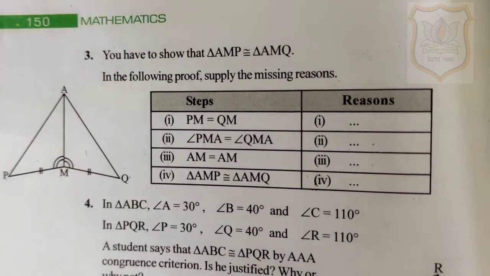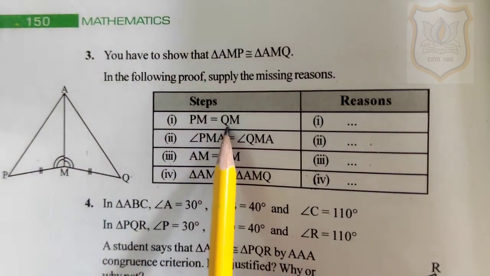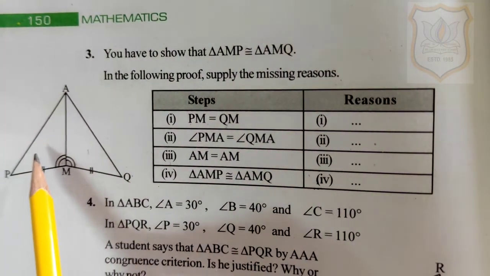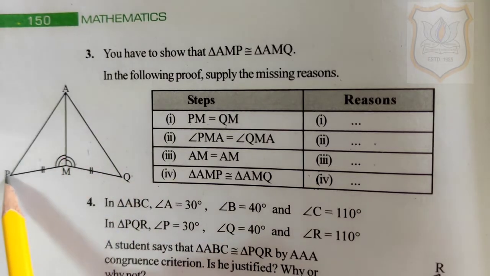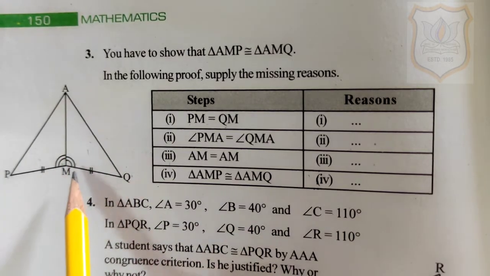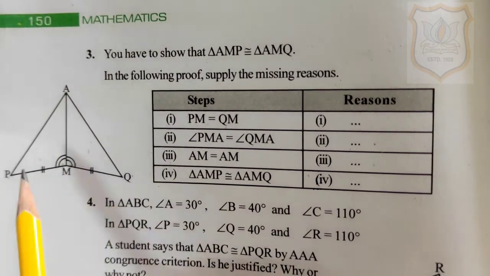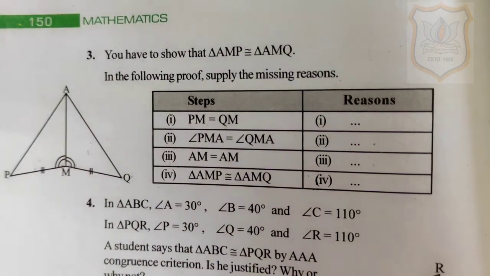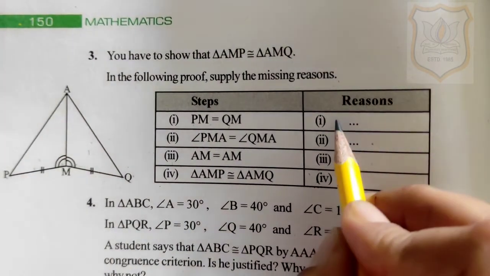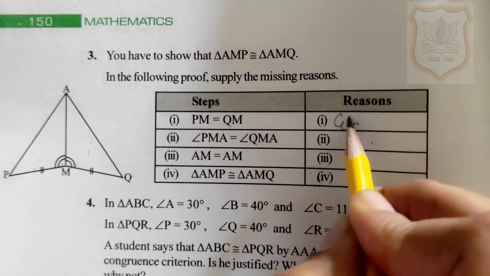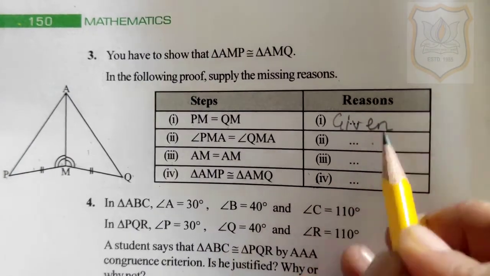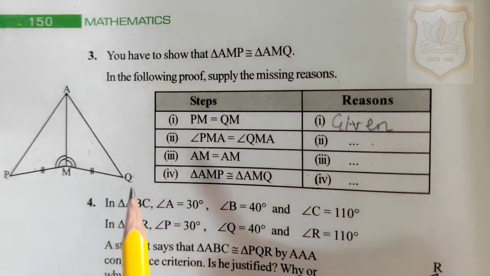First one, here PM is equal to QM. Here students, you can see in this diagram that side PM is equal to side MQ. It is given in the diagram. So the reason why PM is equal to QM is given, that it is given in the diagram that both the sides are equal.